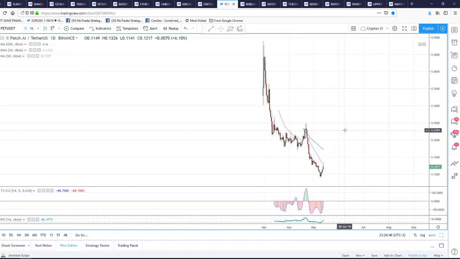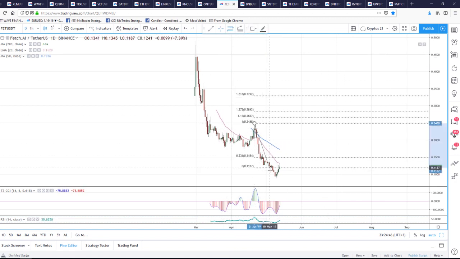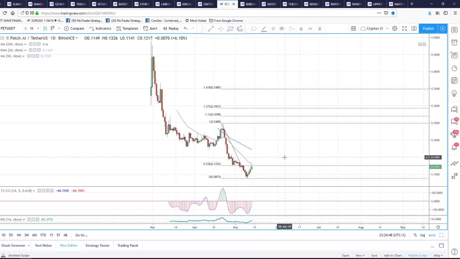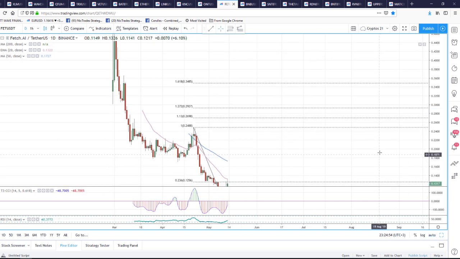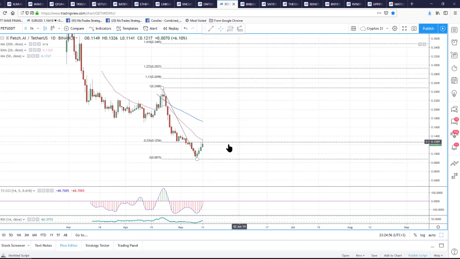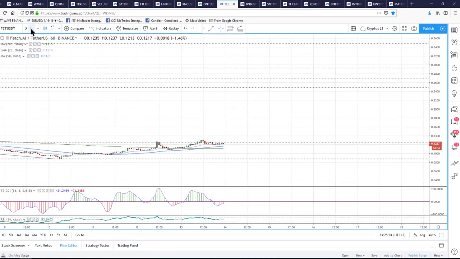You can see if you're losing money or not. On the daily here, this is resistance, this daily 20 moving average. And if I put that on, that'll be the 236 fib. So we'd need a daily close above 0.1256 to be getting bullish Fetch against Tether. Otherwise, we're looking for now a pullback and a higher low or a double bottom for a bottom here. So let's see.